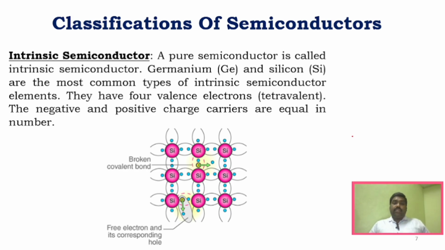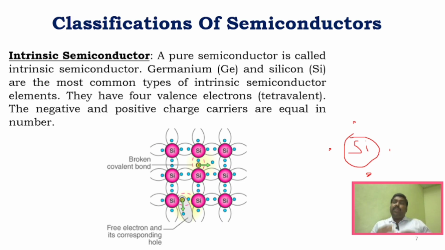This silicon or germanium atom has 4 valence electrons. But this pure form of semiconductor will not conduct electricity, because it has an equal amount of positive and negative charge. So it will be a poor conductor, right?